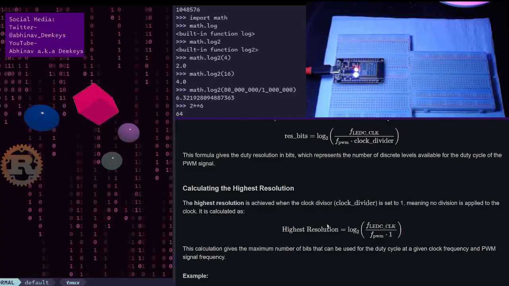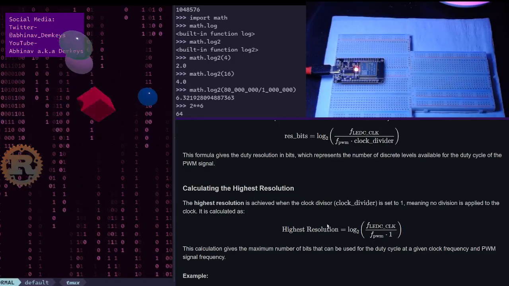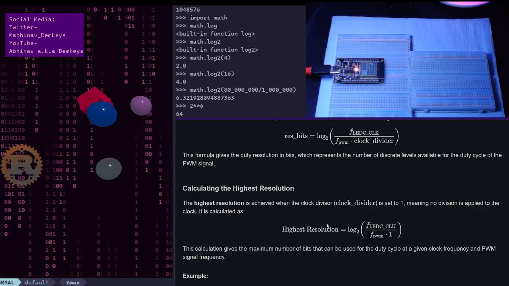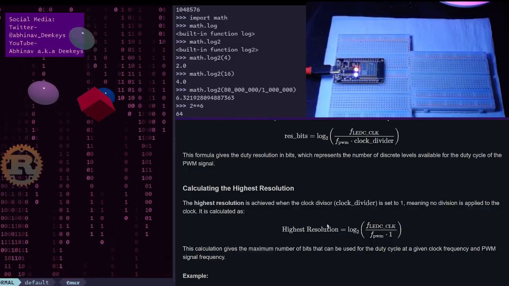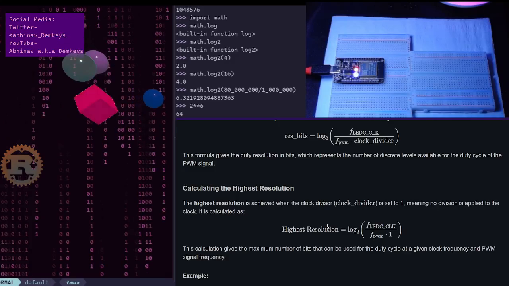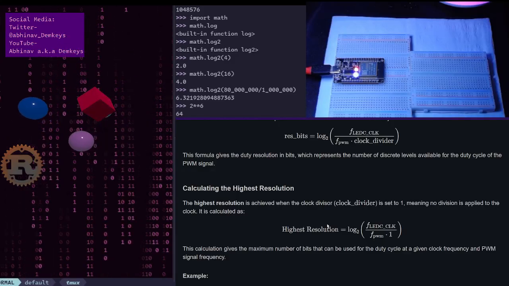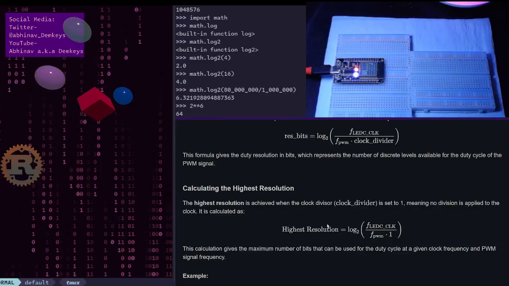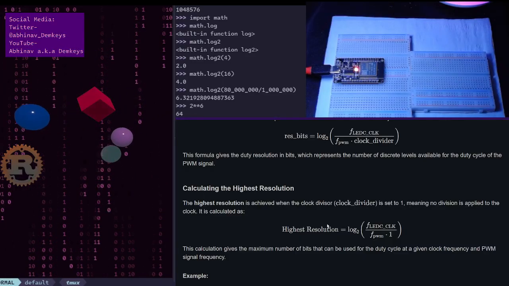Our counter is going to be limited to 64 in that case. So with 1 megahertz, we can do that. 64 is not that bad.